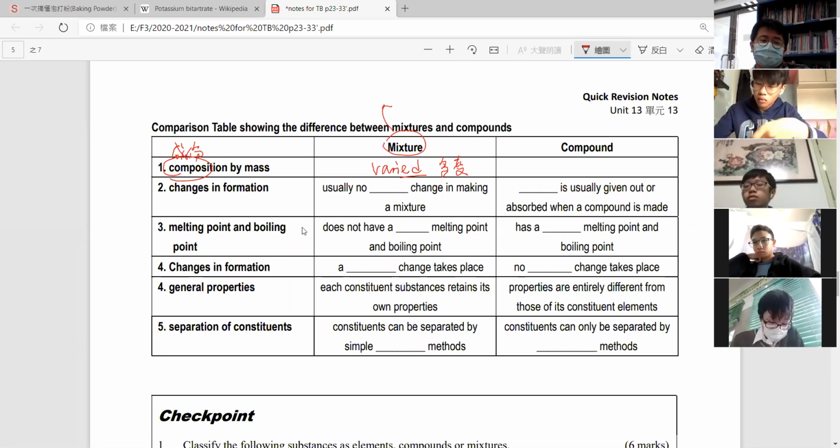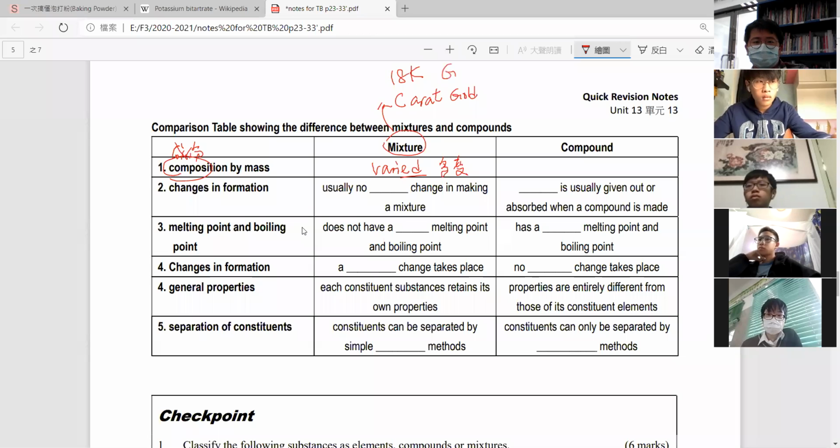For example, have you ever heard of karat gold? Somebody will have seen that word, karat gold, with the letter K. 18K gold. Have you ever heard of that? What does 18 mean?